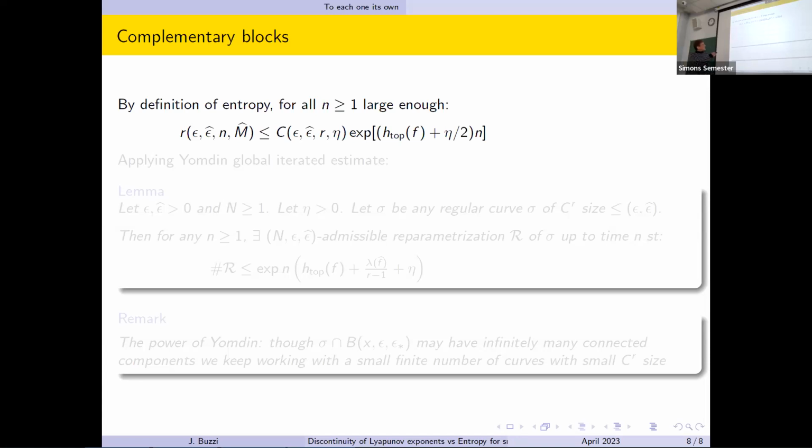Sorry, there is no R here. The definition of the entropy tells you that you have such a bound when you want to cover your set, the whole projective extension, by dynamical balls. Then you have essentially exponential h_top times n balls, up to some constant. That's just the number of dynamical balls. Now, since we want to use the tangent, we want to be on a curve.